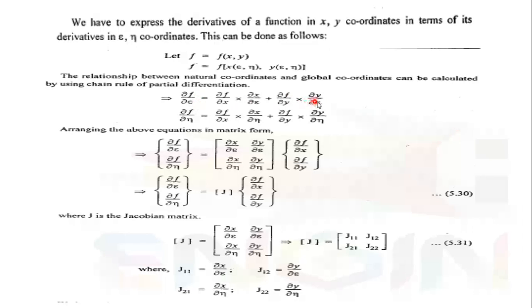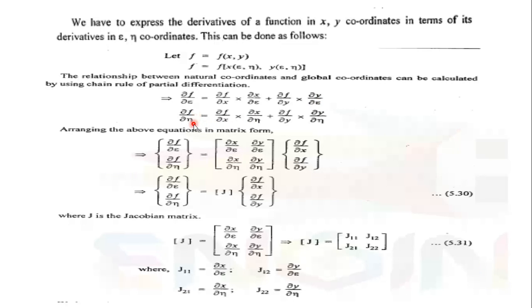This is the chain rule for the two coordinates: dou f by dou zeta and dou f by dou eta is equal to dou f by dou x into dou x by dou epsilon plus dou f by dou y into dou y by dou zeta.